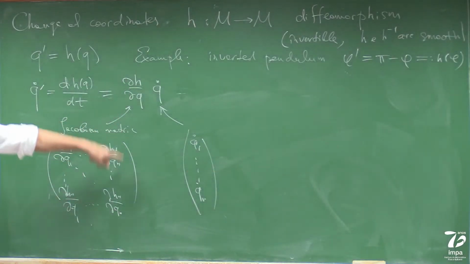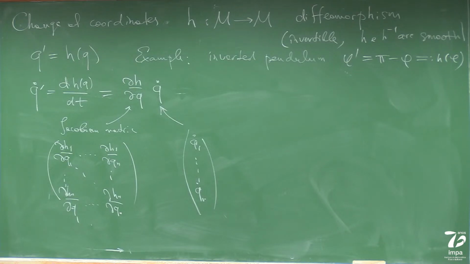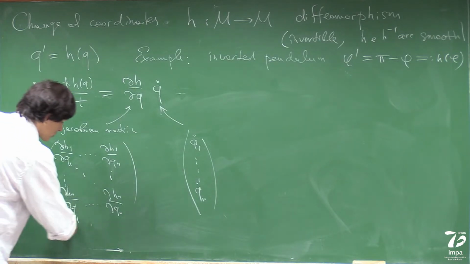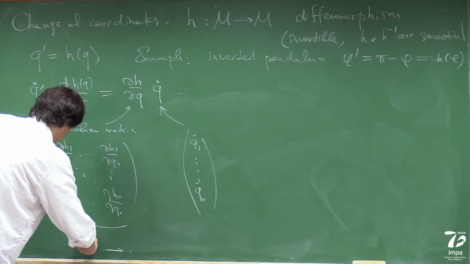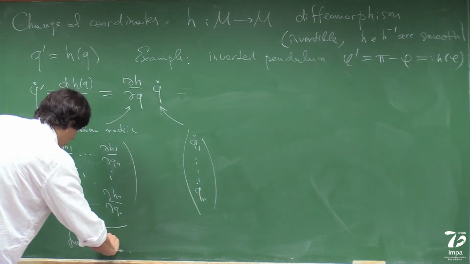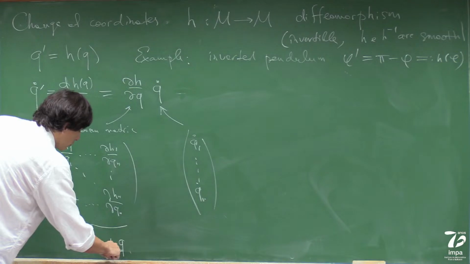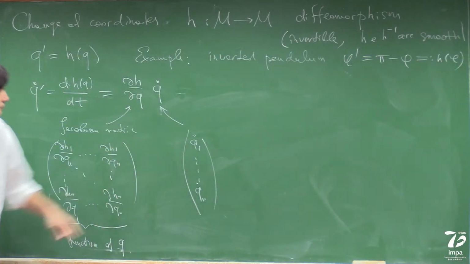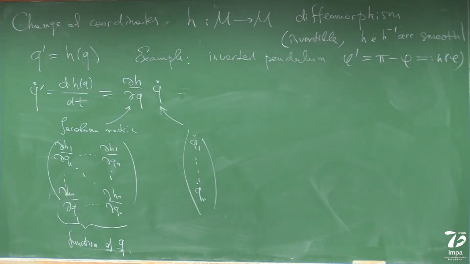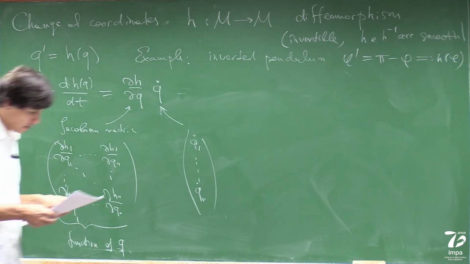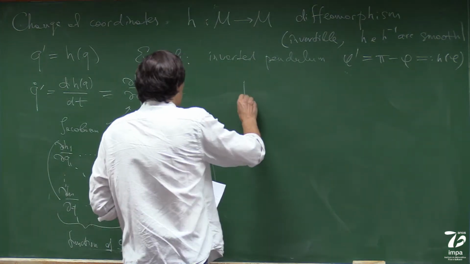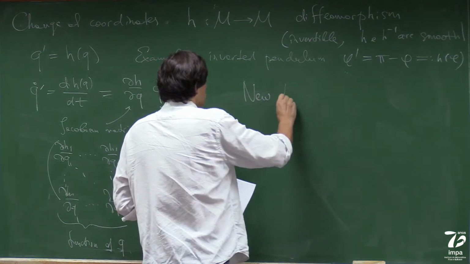So the product of the matrix by the vector gives you another vector. So this is a simple relation, and you see that this is a function of the coordinates, and these are speeds. So we have a relation between the speeds as well, in a direct way, and then we can define the new Lagrangian function.